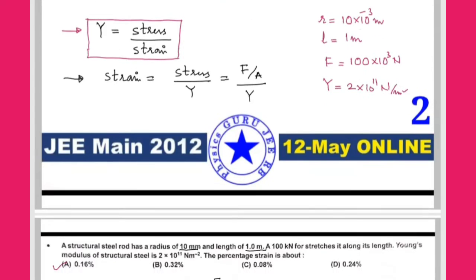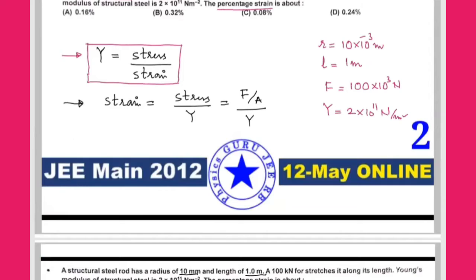Easy, only calculations. What are the given data here? r is equal to the radius, we have to convert millimeters to meters. L is equal to 1 meter, and force is given in kilonewtons. I'm taking force equal to 100 into 10 to the power of 3. Now last is Young's modulus, which is given as 2 into 10 to the power of 11.